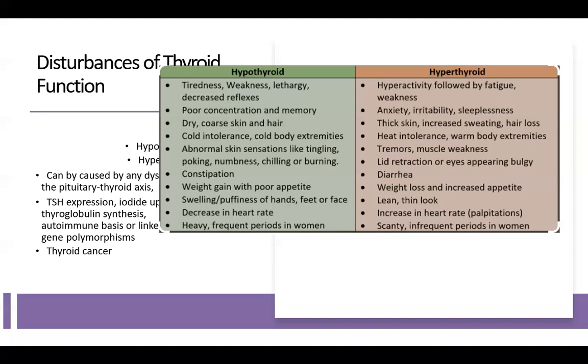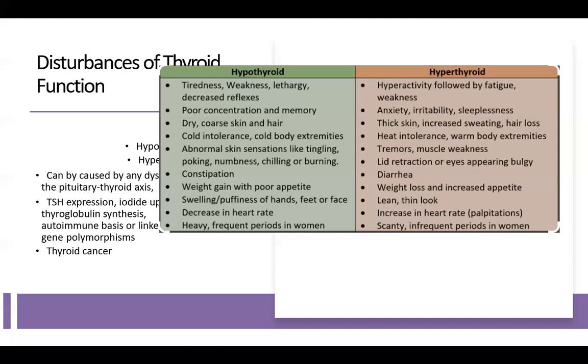So hyperthyroidism, we see hyperactivity followed by fatigue and weakness. Patients become anxious. Again, we have heat intolerance, meaning they're always taking off their clothes. They can't tolerate heat. The eyes appear bulgy in certain cases.